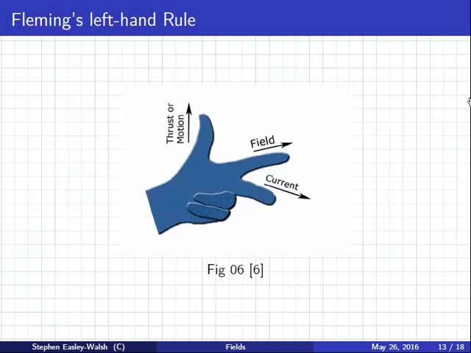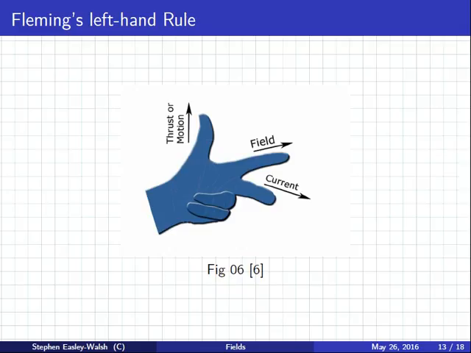In the formula you had 3 vectors: F for force, V for velocity, and B for the magnetic field, the flux density. V is the velocity, the direction of the current, and B is the direction of the field. This will be where the force will move.